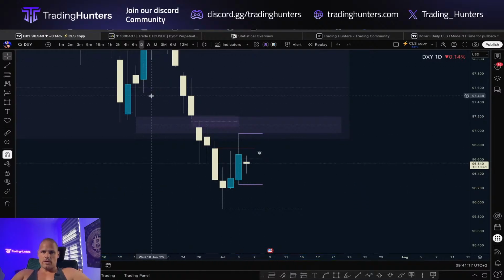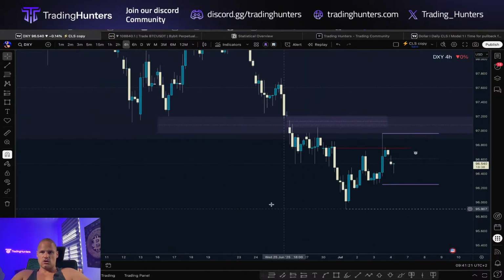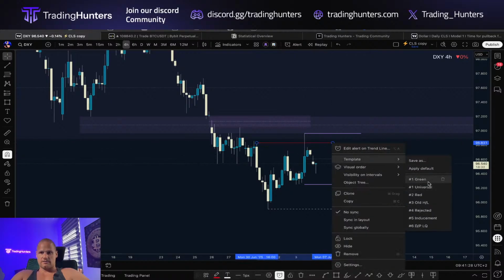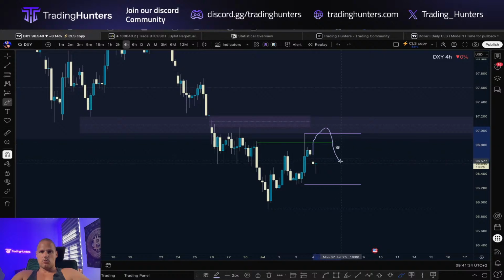If we get a strong close above this, like it should be here, green, then it would actually create an order block in here, and then we can get a pullback and then maybe some move upside.